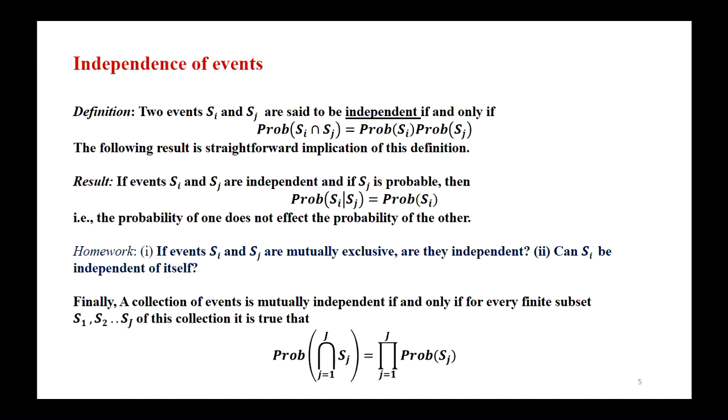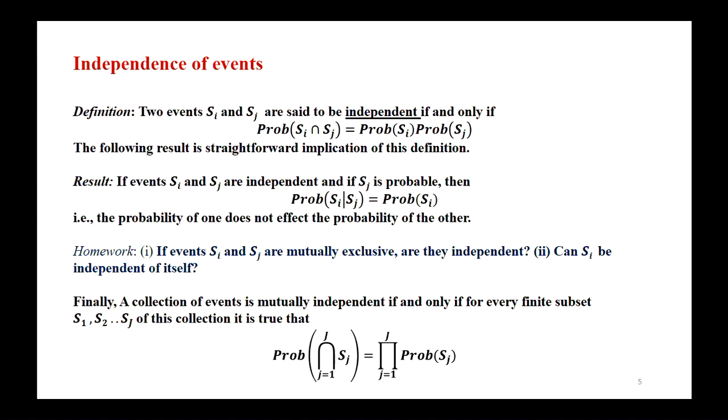In other words, whether Sj happens or not is irrelevant for whether Si happens. And again, you just get that by injecting this equation into the numerator of the definition of conditional probability.